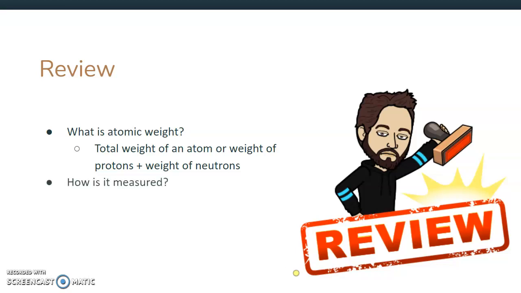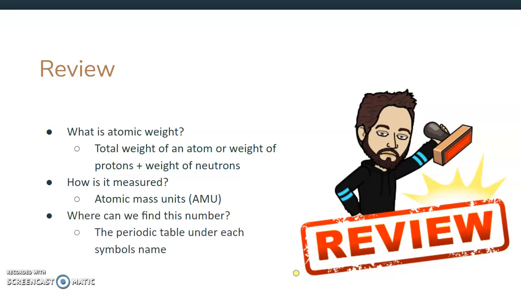How is it measured? We measure it in what are called atomic mass units, or AMU. To find this number, we just use our periodic table, and it should be under each symbol's name, where the weight of the atom is.